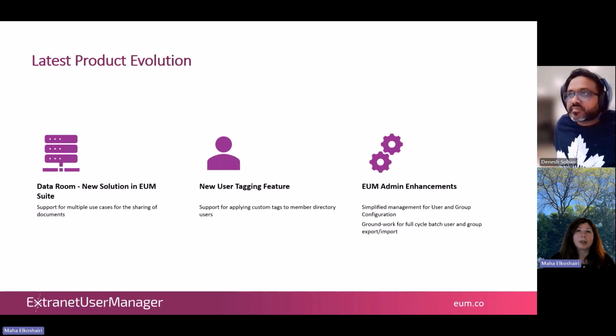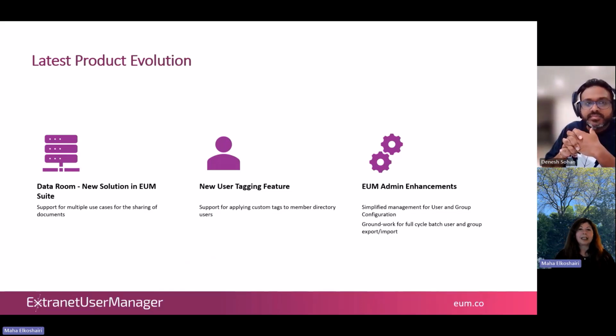For example, if you're running a conference, you can make sure that these tags are applicable in your conference scenario. So you could tag a user as an exhibitor or as a speaker. So it's really very dependent upon the customer implementation. And just to quickly show you what that member directory looks like.